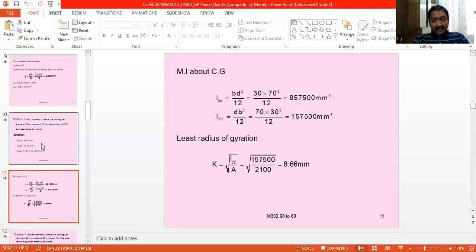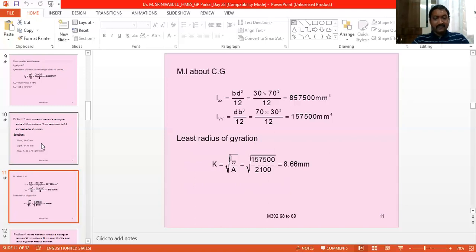Therefore, the least radius of gyration ky is equal to the square root of Iyy by A, that is the square root of 157500 by 2100, which is equal to 8.66 millimeters. So this is ky, the least radius of gyration.